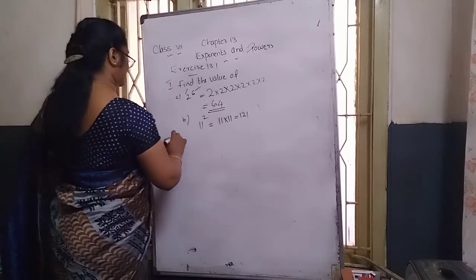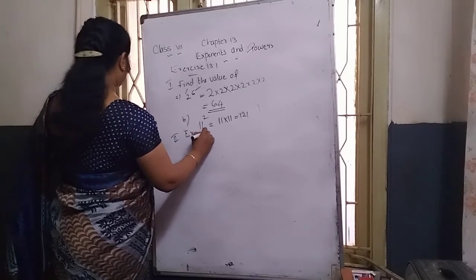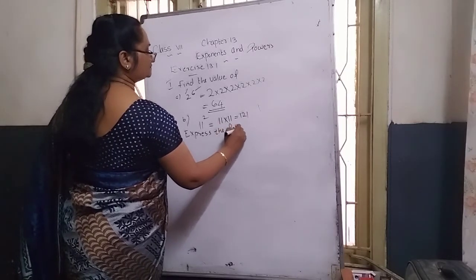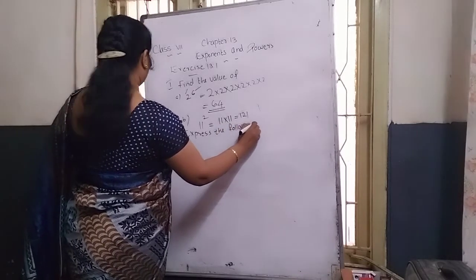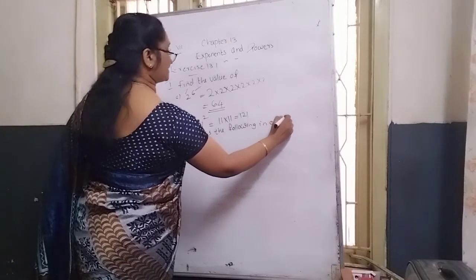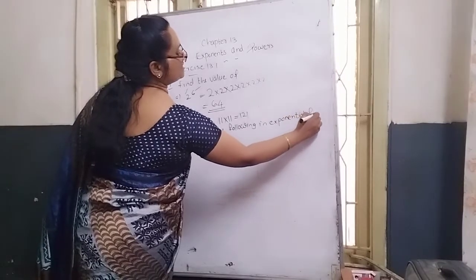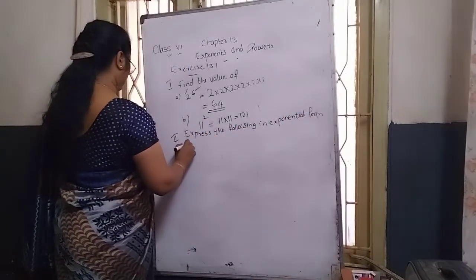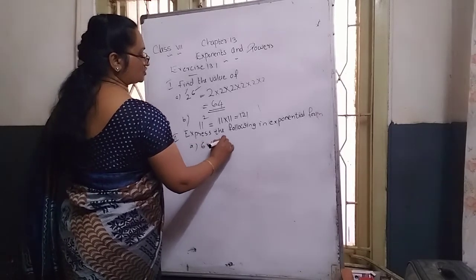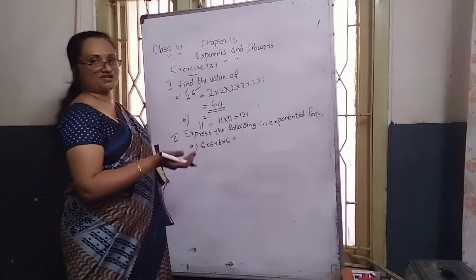Then the second Roman numeral says: express the following in exponential form. First question: 6 into 6 into 6 into 6. Here the expansion form is given.